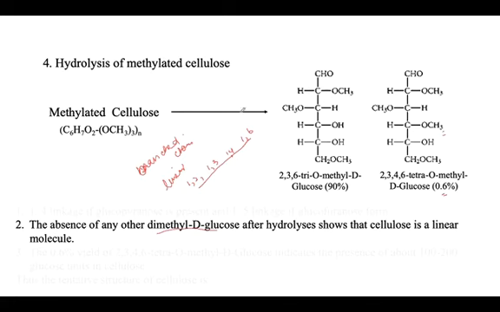For example, if there was a chain at carbon 4 or carbon 3 that makes a branch, then that would have been involved in the branch formation, and we could have obtained only a di-substituted product, that is 2,6 di-substituted dimethyl D-glucose. But since there is an absence of dimethyl D-glucose, we say the glucose molecules arranged in cellulose are linear.